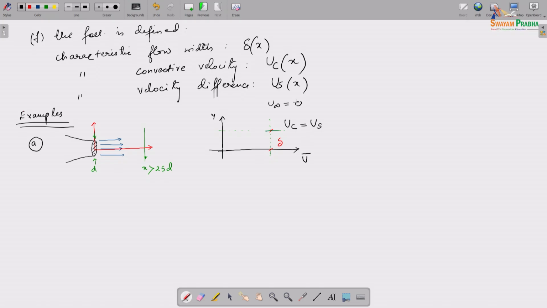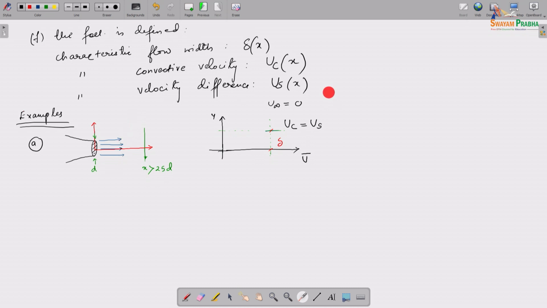It makes sense. Just think that you are approaching the jet from the quiescent flow, which is the ambient.